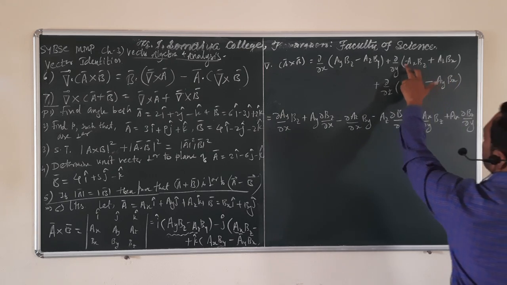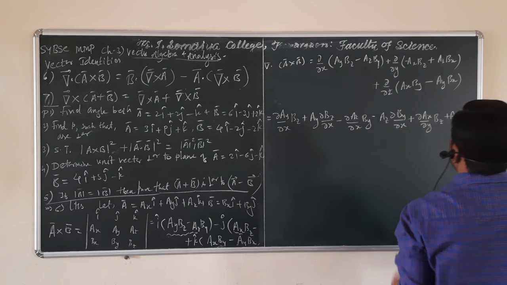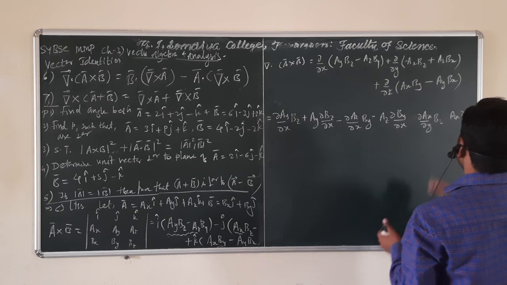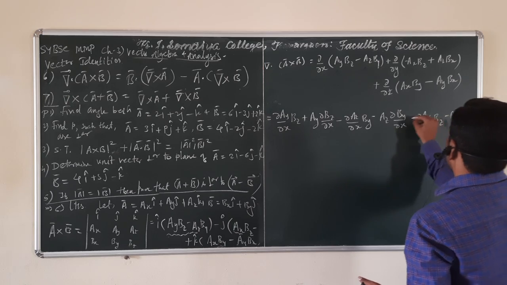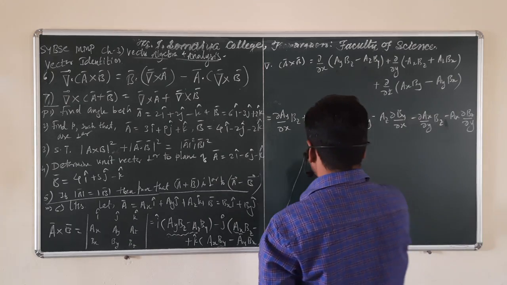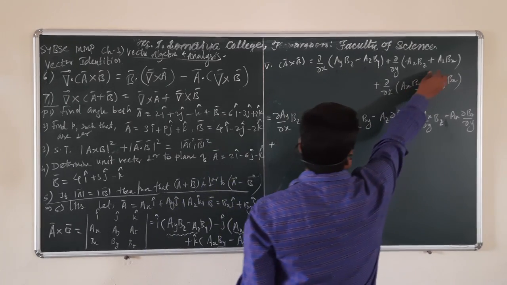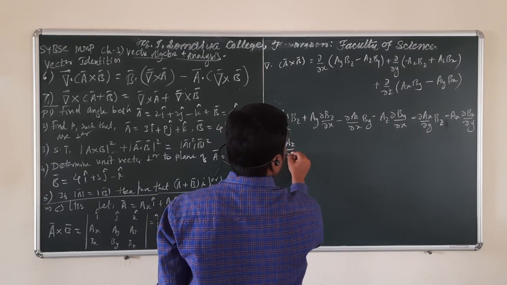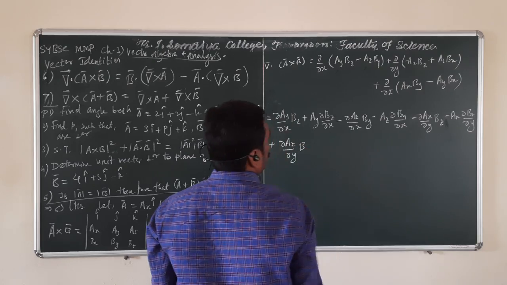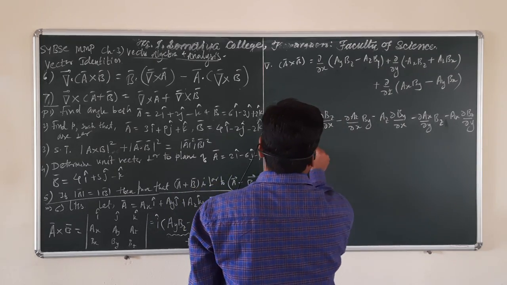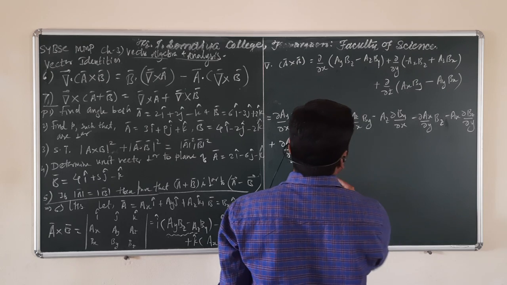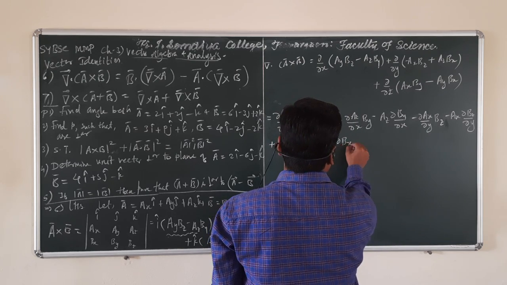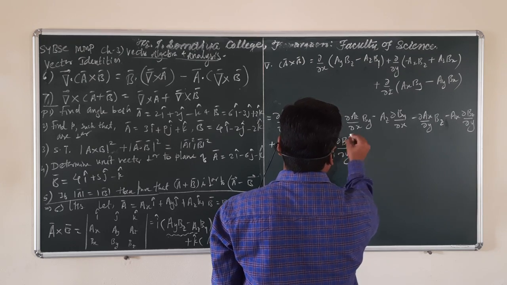Here I forgot this minus sign, so here we have this minus sign, plus the derivative of az with respect to y, with bx as constant, plus az into the derivative of bx with respect to y.